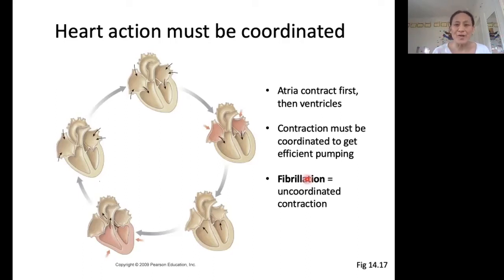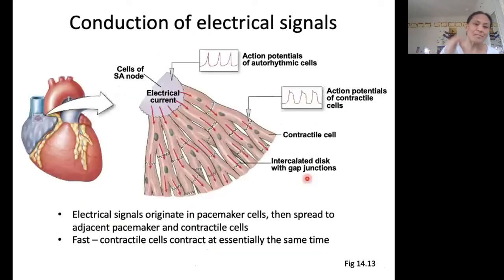So let's take a look at how we get those cells to coordinate with each other. The way we get the cells to coordinate with each other is that they share electrical signals with each other, basically. Okay, so what happens is we have a bundle of pacemaker cells.